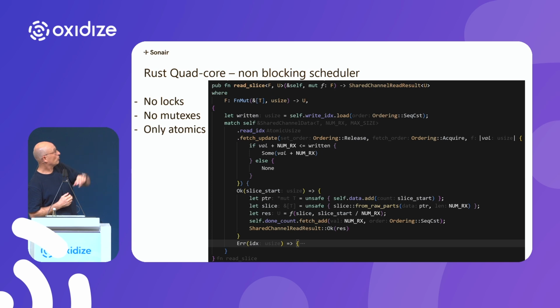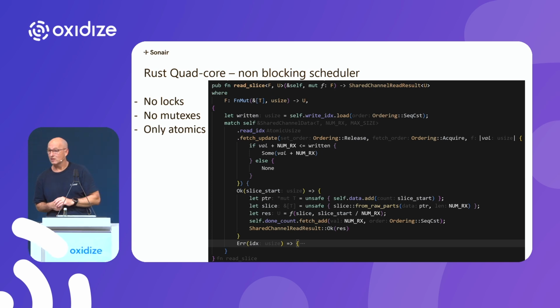So we check, is there something to do? Is the write index, how much data is in RAM? And then we check the read index. We increment it if there was something to do.